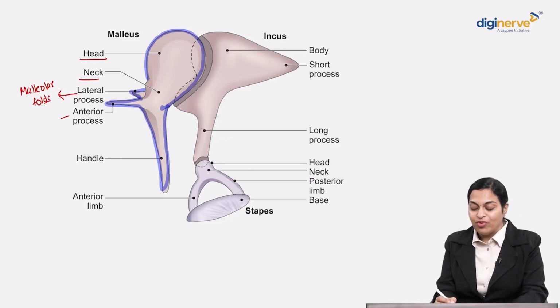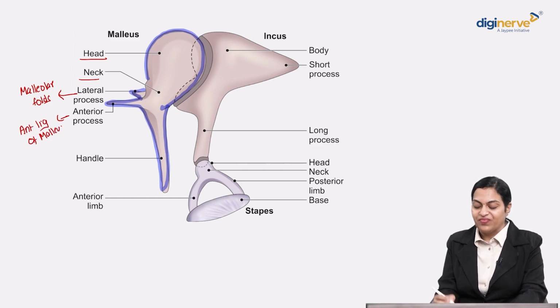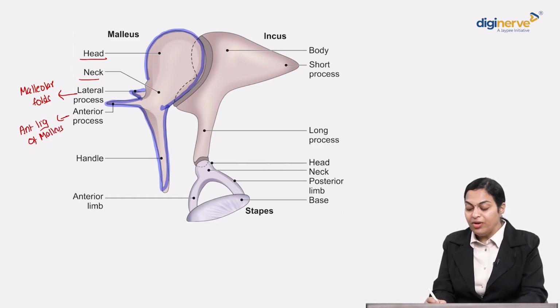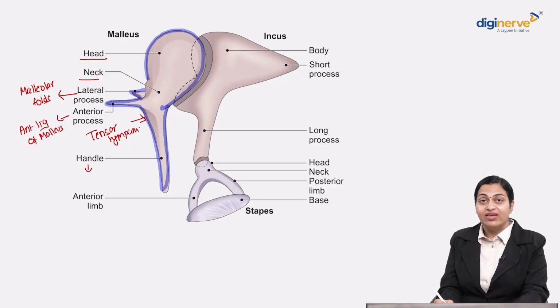The anterior process of malleus will give attachment to the anterior ligament of malleus, right? The upper part of the handle will receive the insertion of tensor tympani muscle. The handle of the malleus lies within the tympanic membrane, right?